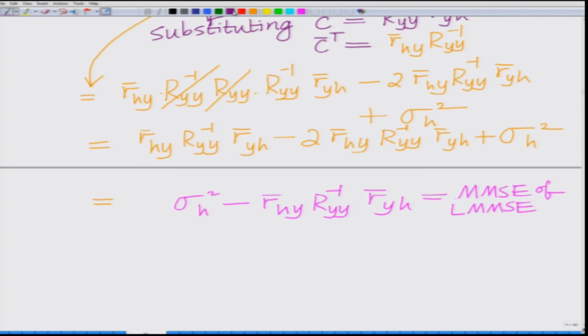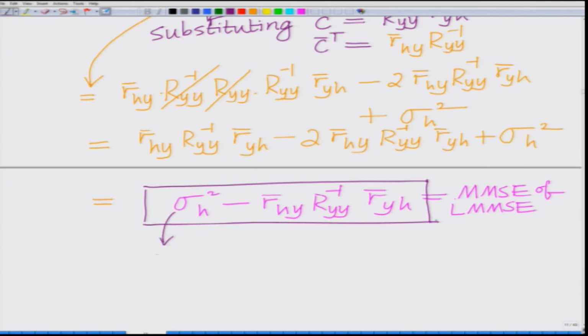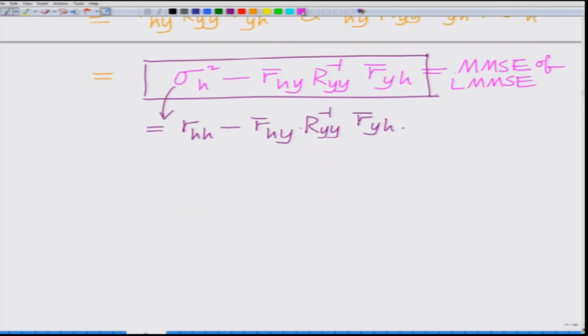This is the expression for the minimum mean squared error, that is sigma h square minus R bar HY RYY inverse R bar YH, and you can also write this as RHH minus R bar HY RYY inverse R bar YH. Let us again just write the various quantities. RHH is the expected value of h square.